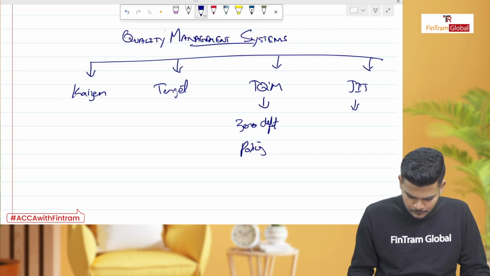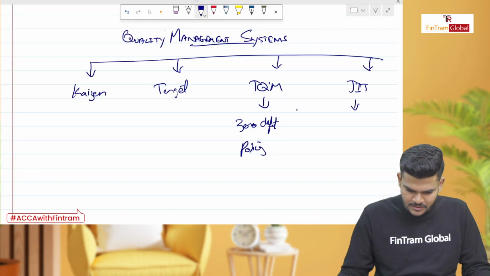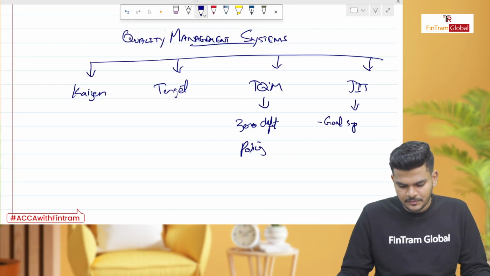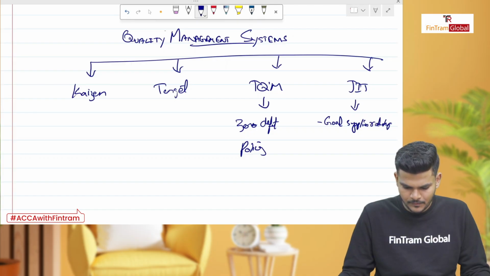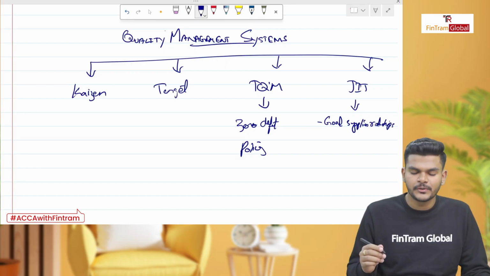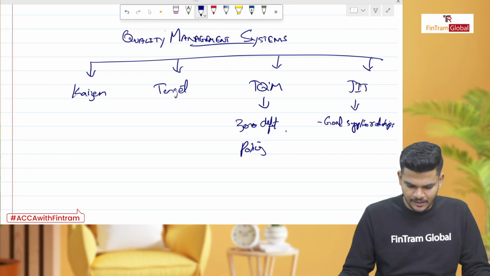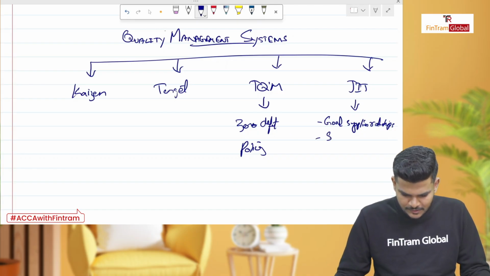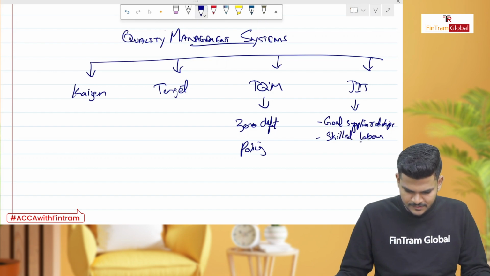And there are some key features of just in time. First of all, you need to have good supplier relationships. You need suppliers who can get you the goods at the right time, without any delays. And then you need skilled workers, skilled labor is necessary.